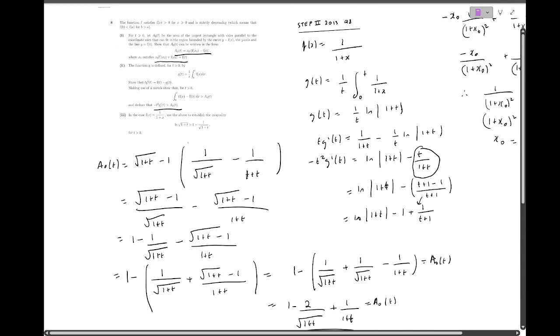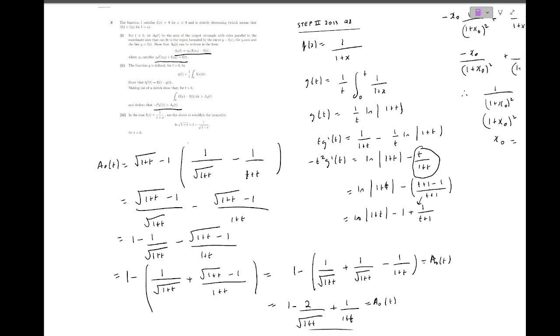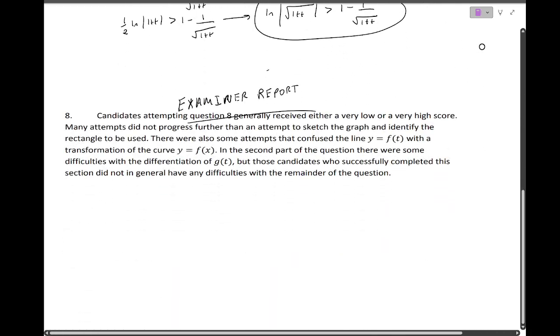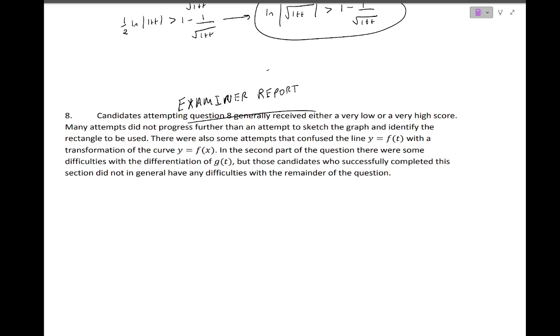Although I do think part 3 is quite accessible, even if you haven't done part 1 or part 2, just by using the parts before. But there were some attempts that confused the line y equals f of t with a transformation of the curve y equals f of x. Yeah, to be fair, I think it's just realizing that t is just some constant, right? So it's just a straight line essentially.